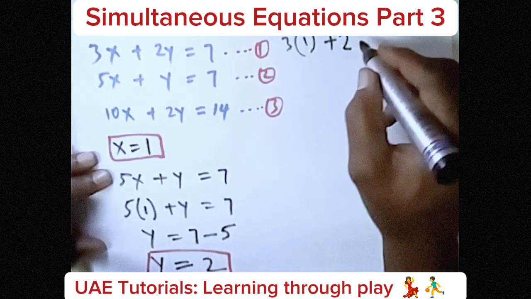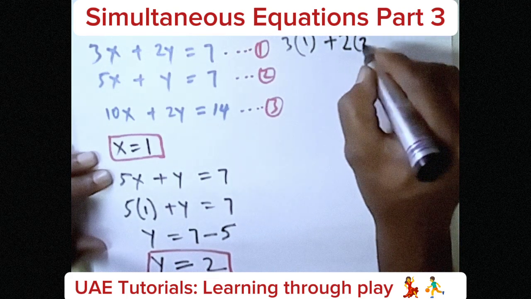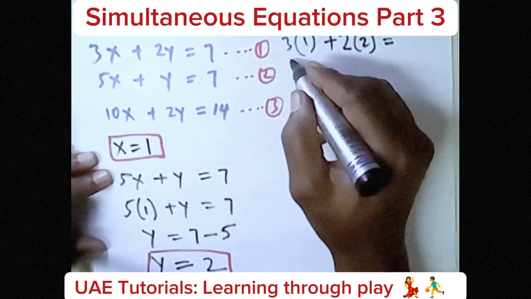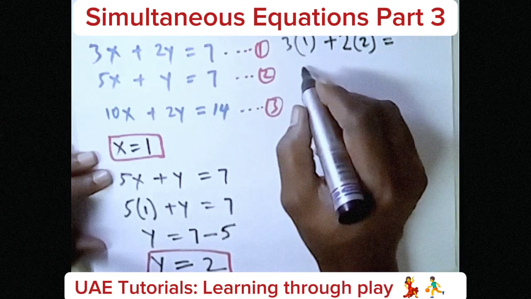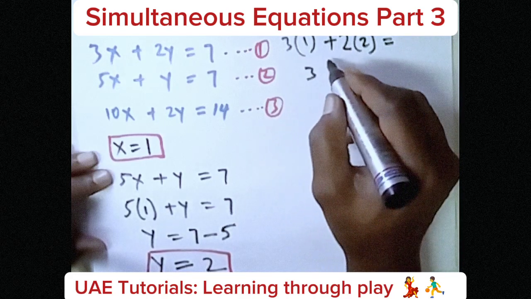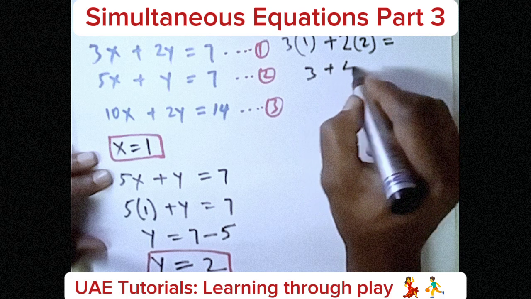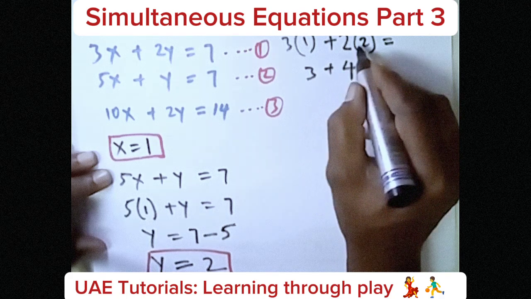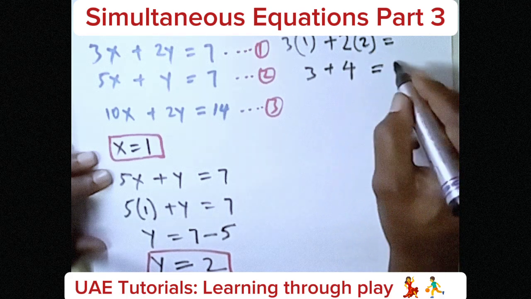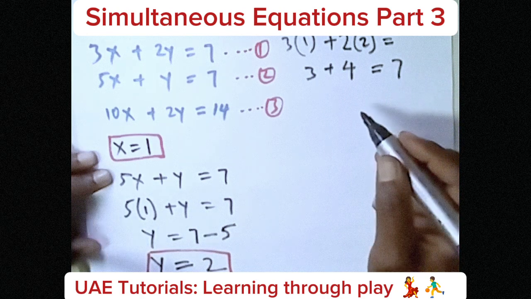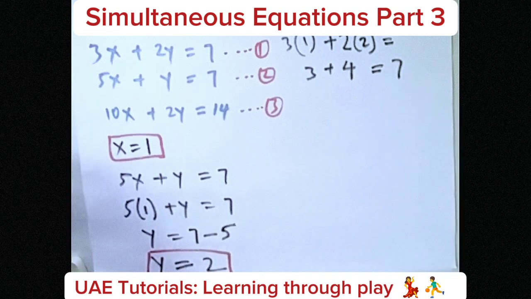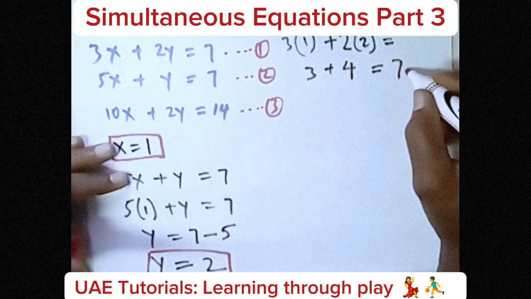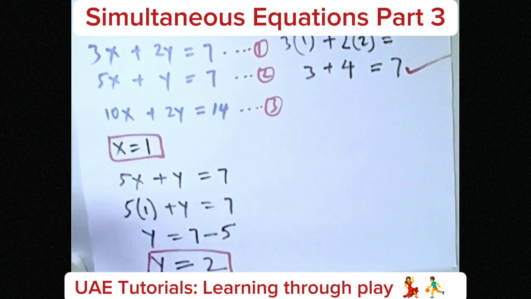Whenever we see y, we'll put 2. What does that give to us? So this is 3 plus 4. 2 times 2 is 4. Of course, that gives us 7. Hooray! We're good there. Our equation 1 was satisfied.